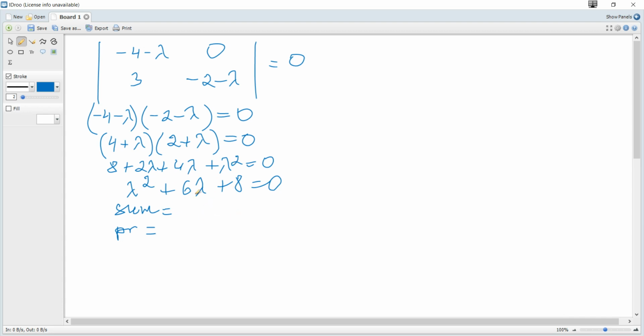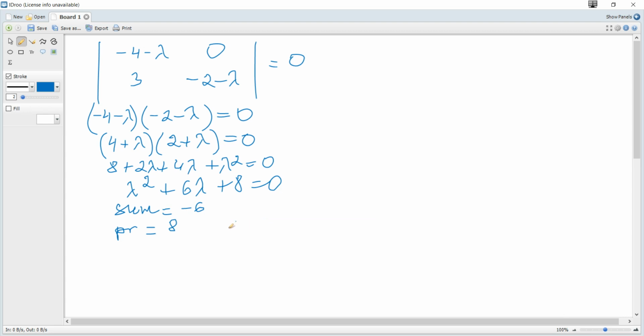So the sum is minus b over a, so negative 6, and the product is c over a, so it's 8. To get a product of 8, it may be what? 1 and 8, negative 1 and negative 8, but we need a sum of negative 6.